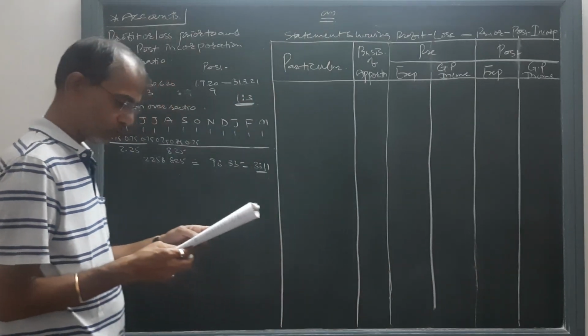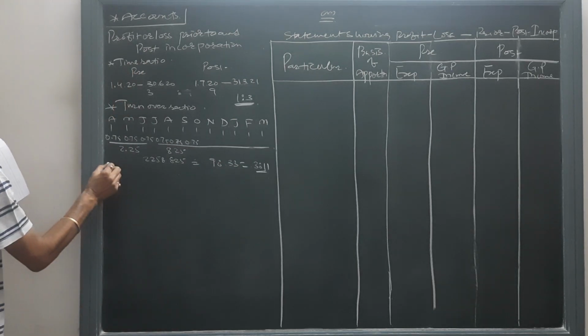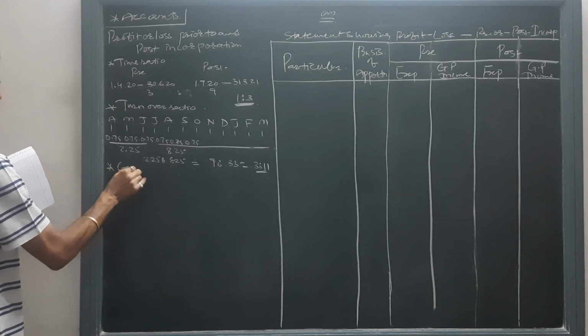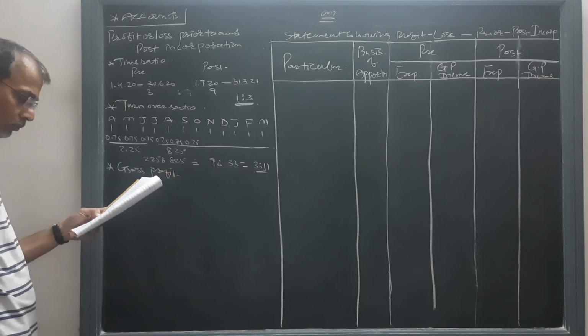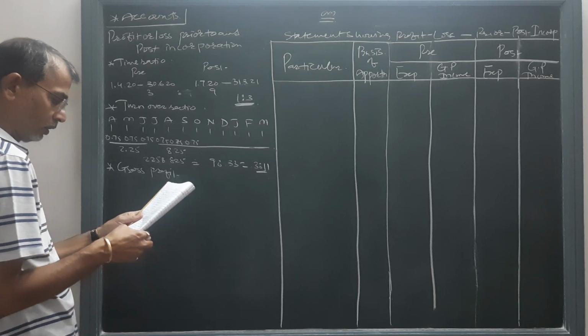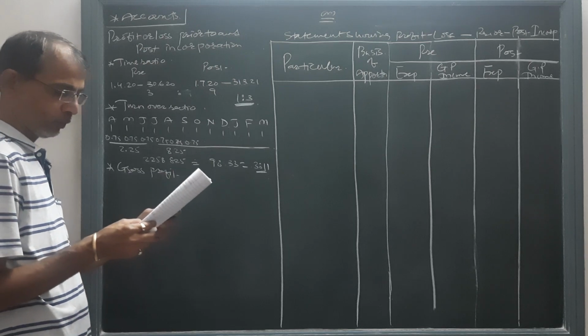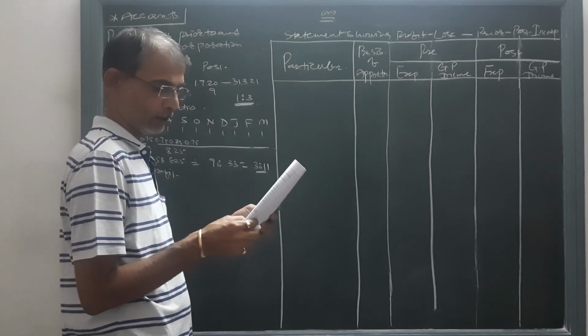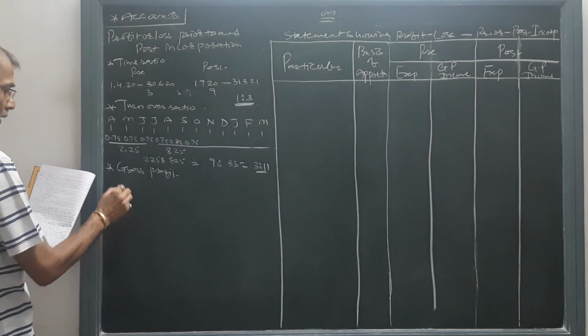Then after, what we need to find? The gross profit. The rate of GP is maintained at 25% for the whole year. Cost of goods sold was 14,70,000.